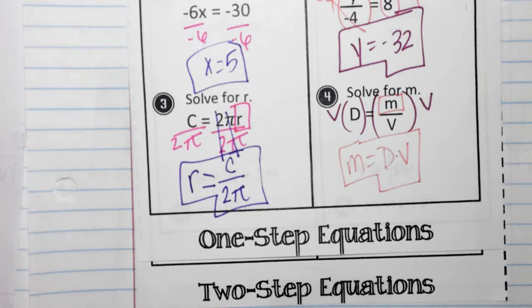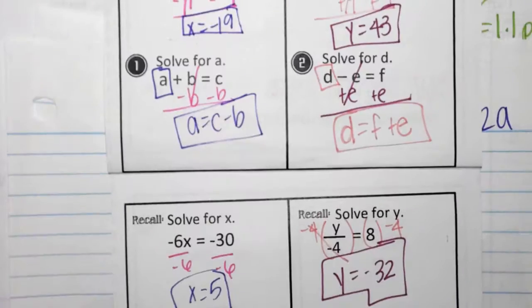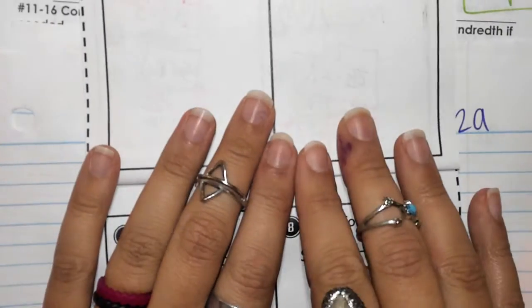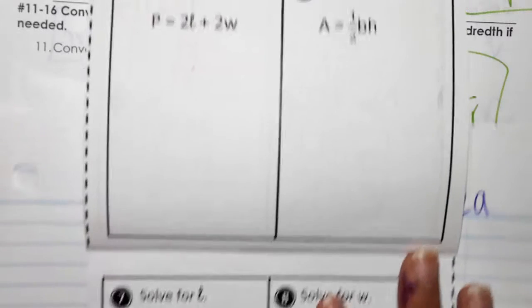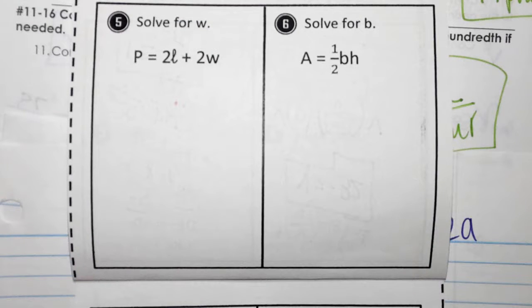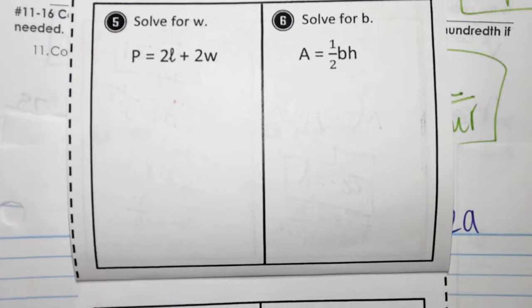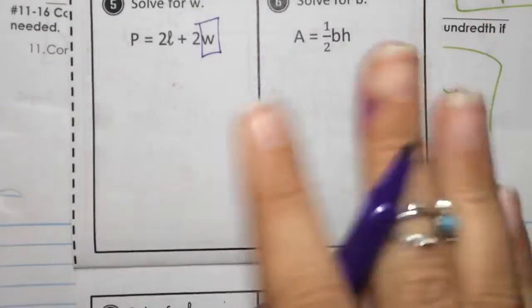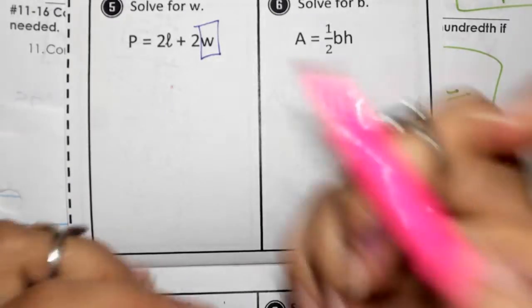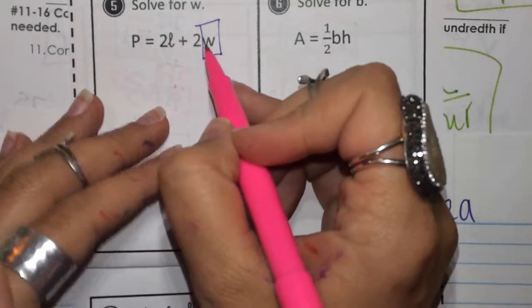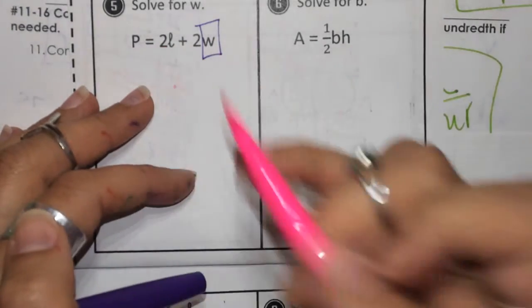Alright, let's look at 2-step. So number 5. What are we solving for on number 5? Put a force field around W. Since it's 2 steps, how many steps do you think you're going to have to do? So, pretend this was a 21. If we were solving for W and this was a 21, what would we do first?